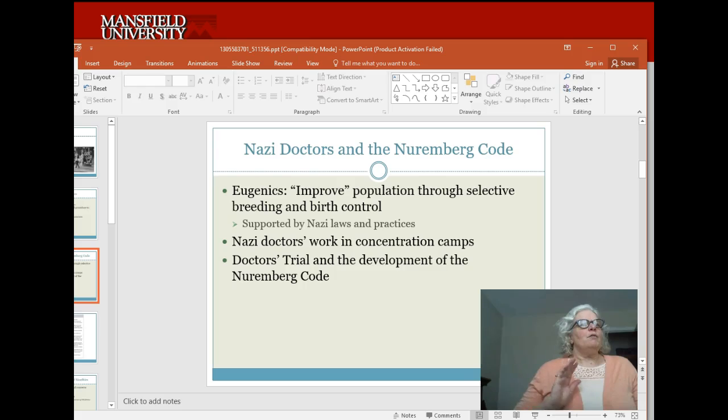But thinking about research in general and why ethics are so important, we step back to some of the issues that occurred during World War II, and we look at the issues and the trials that were done on people. Therefore, we come together from the Nuremberg trials to develop the Nuremberg Code.